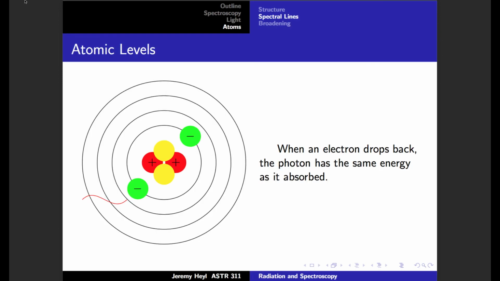And when it drops back, the photon gets emitted, and it's the exact same energy as the one it just absorbed. So this idea of the electron sitting in levels around the nucleus accounted for those spectral lines. And depending on the atom, different atoms had different sets of levels.